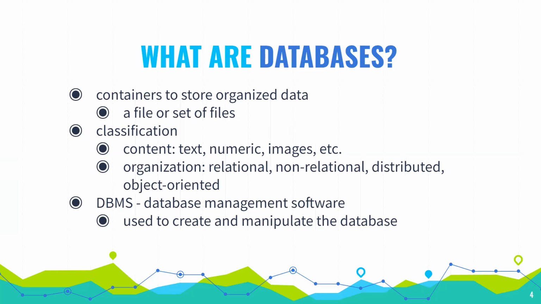You might sort things by whether it's text, numeric, images, or you could use the organization system. So it could be a relational database, non-relational, distributed, object-oriented. In SQL, we're going to be talking about relational databases. DBMS is an abbreviation for database management software. This is used to create and manipulate the database.